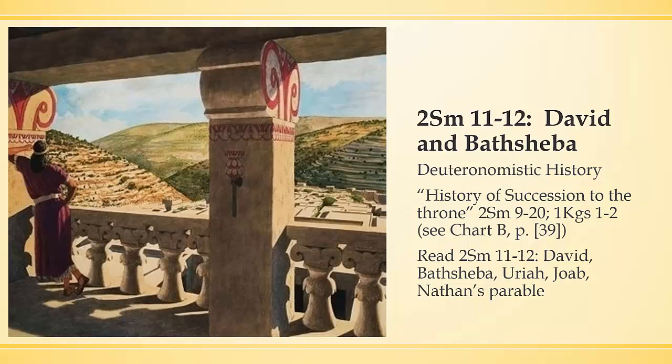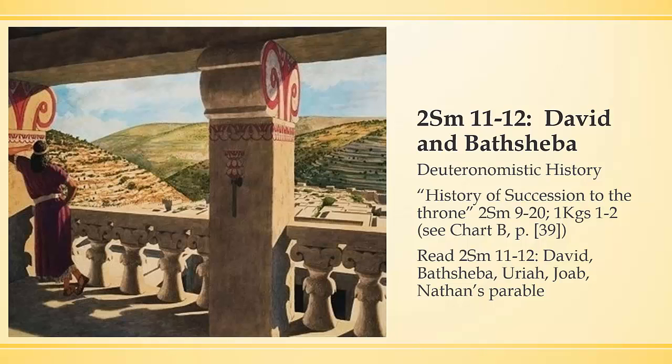But in chapter 12, we see the prophet of the royal house, Nathan the prophet, coming to tell David of his sin. And Nathan does not just come in and shout at the king, but he tells him a little story, a parable.